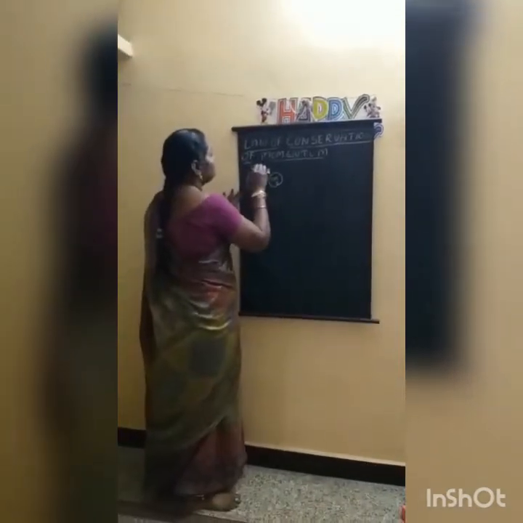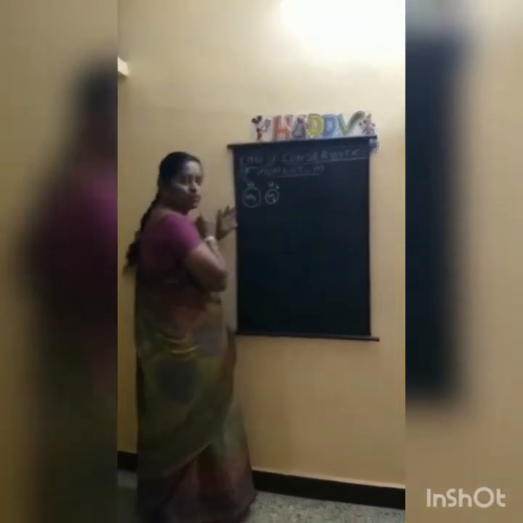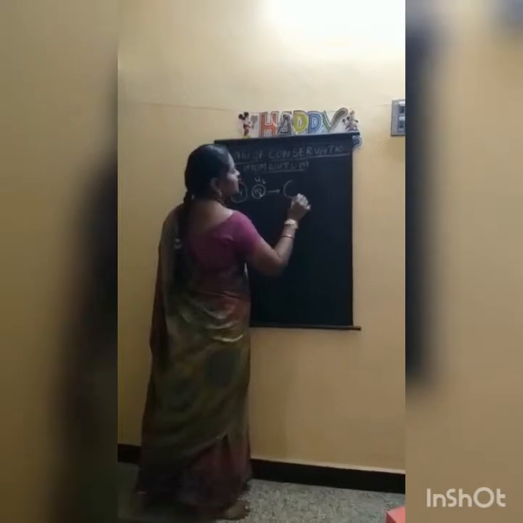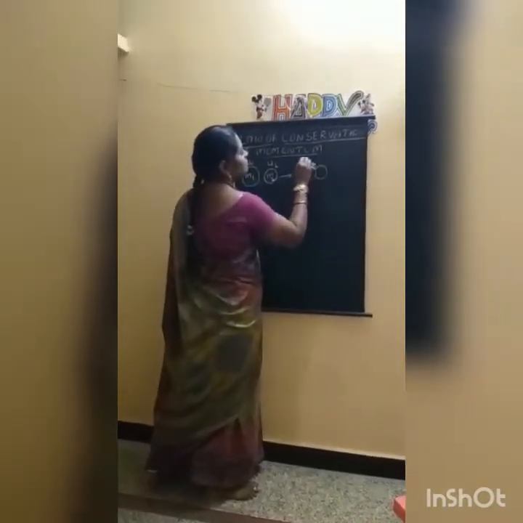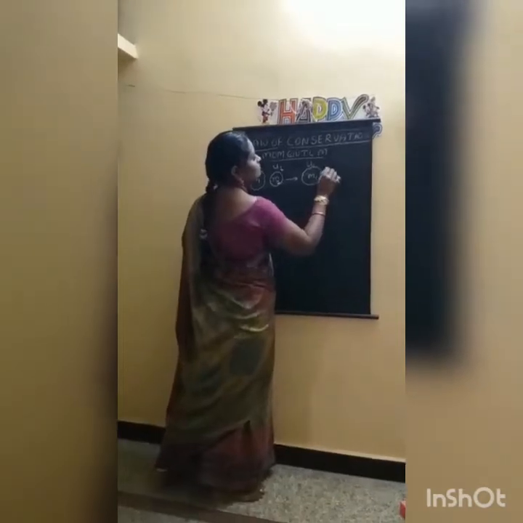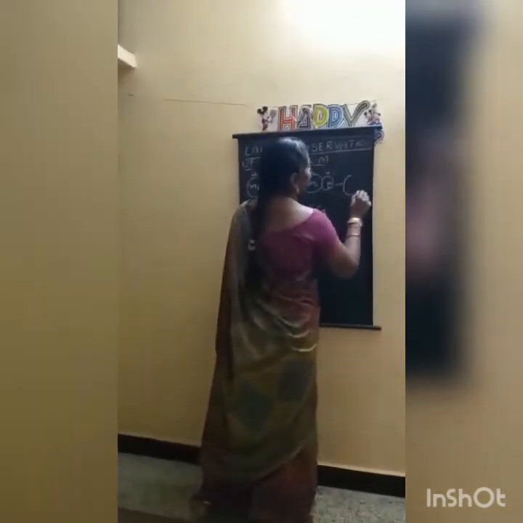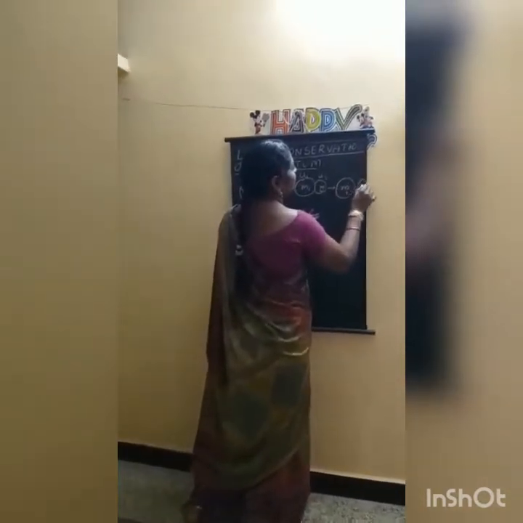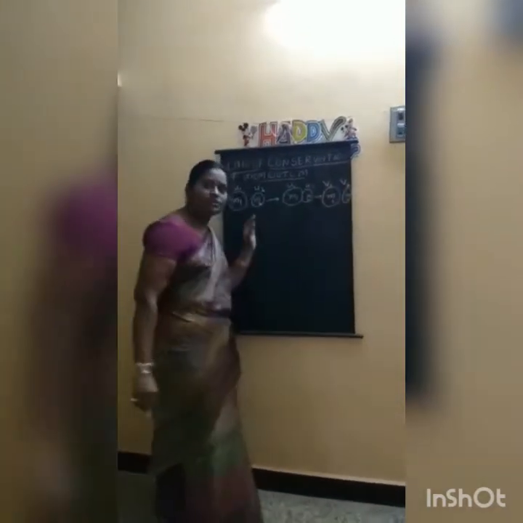The first marble's velocity is u1, the second marble's velocity is u2. When they collide with each other, the velocities change: m1, m2, v1, v2.